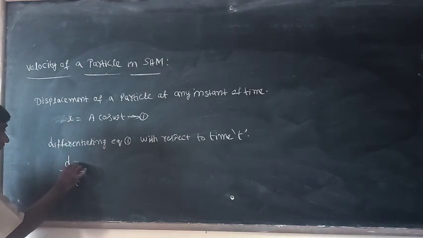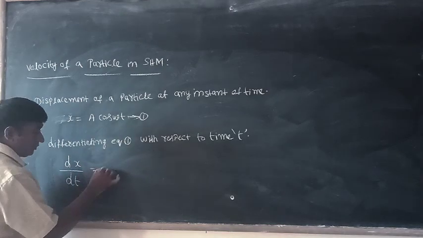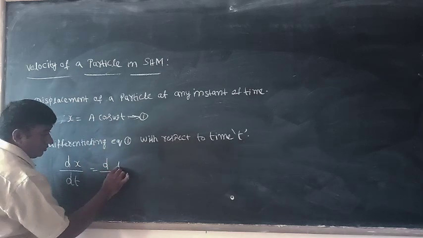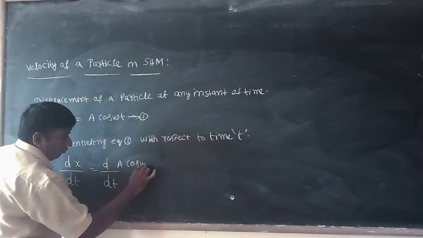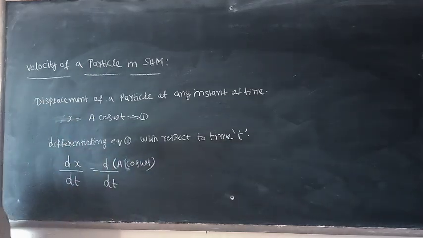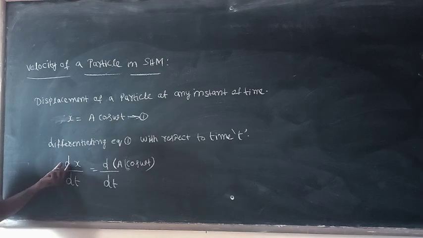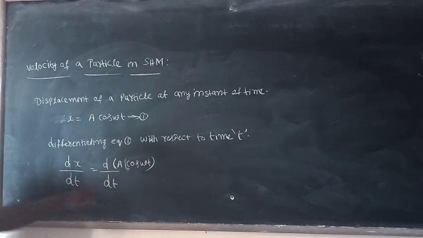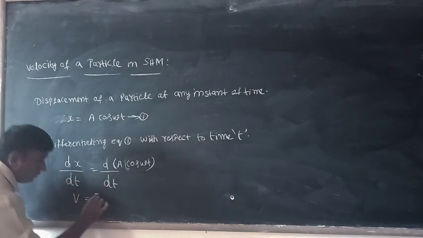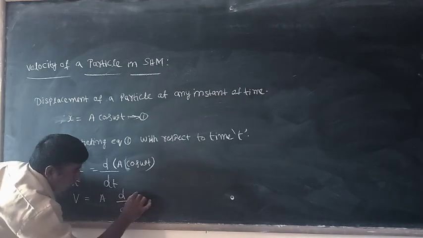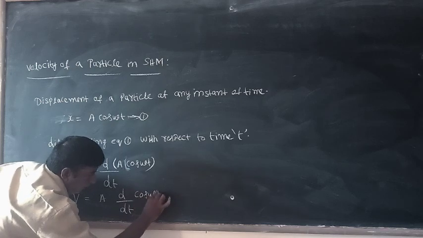So d by dt of x on the LHS equals d by dt of a cos omega t on the RHS. Here displacement by time is nothing but velocity. The amplitude a remains constant, so it comes out, and we get a d by dt of cos omega t.